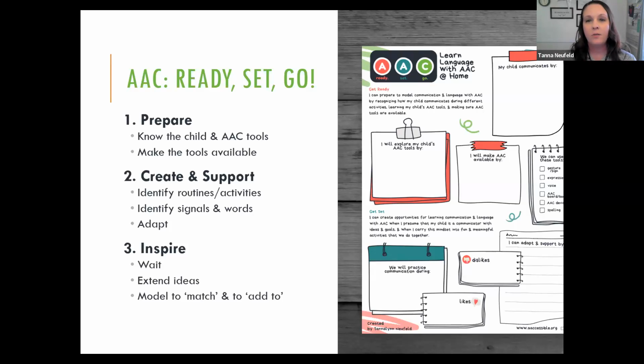So one of my favorite things to do is action words, whether it's on a system that the child's already using and I open up that action word folder, or I create a communication board that's all actions related to a kitchen play activity.